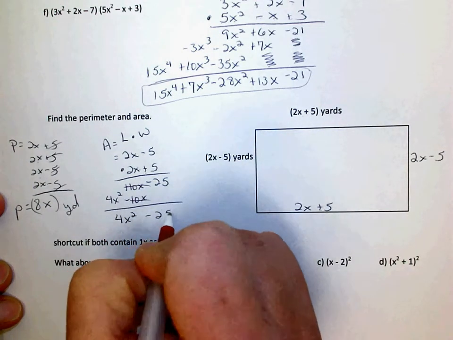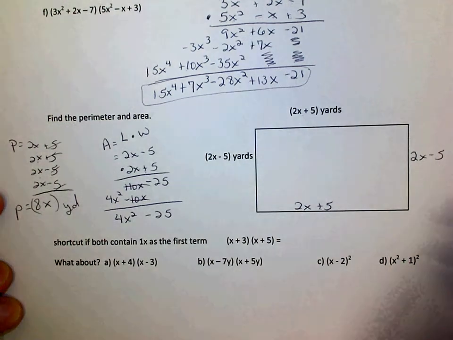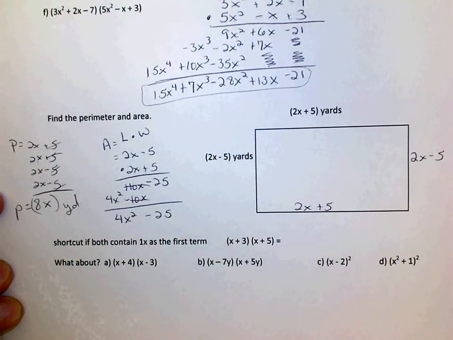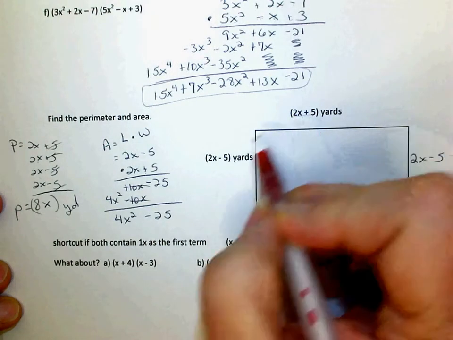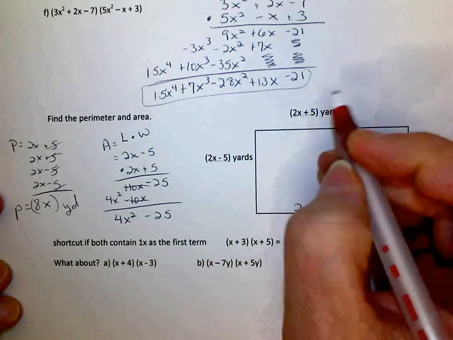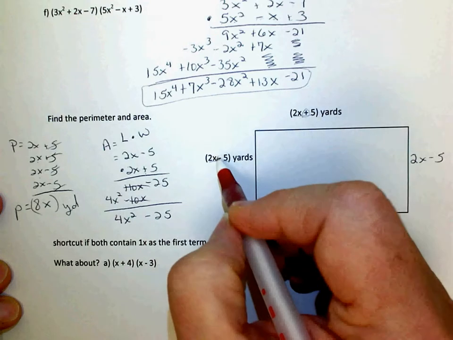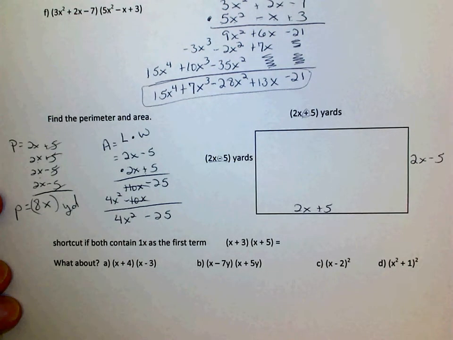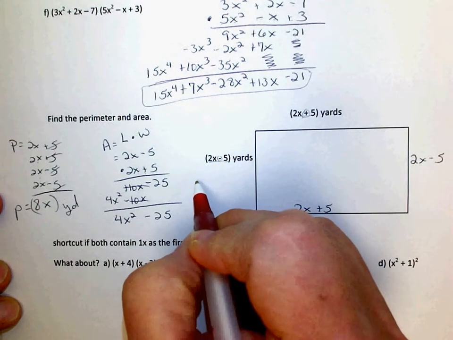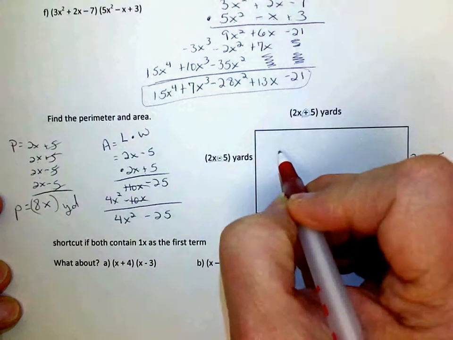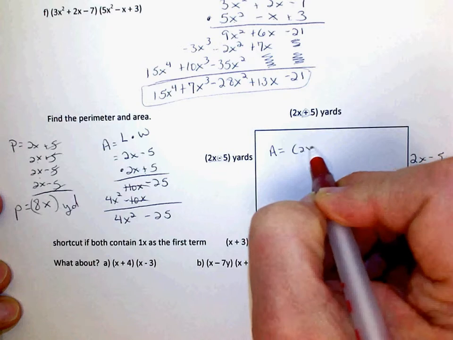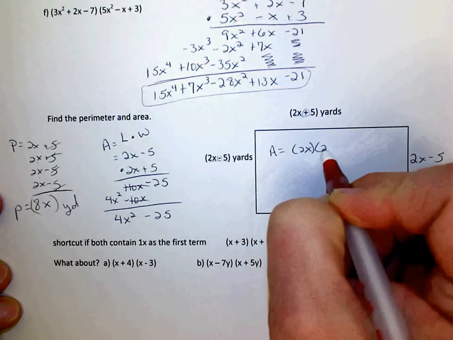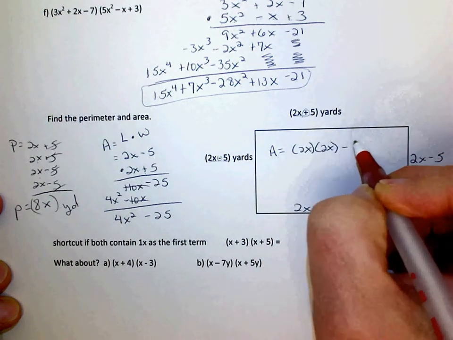And this is the only time you're going to get that situation happening, is when you've got the exact same values except one has a plus in the middle and one has a minus in the middle. Then you can shortcut this one. So the area here would be 2x times 2x minus 5 times 5.